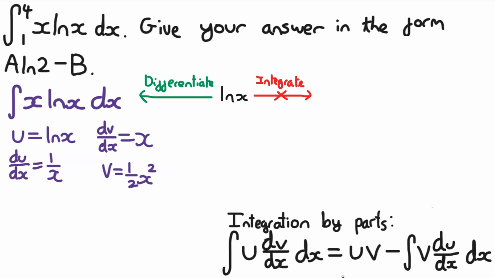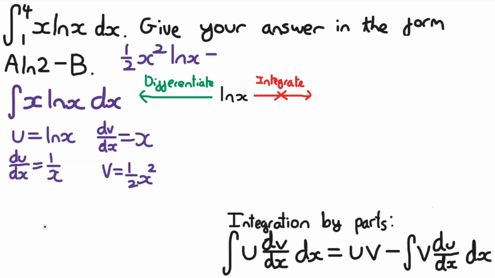So if we use this formula down here, it's going to be uv, so u is equal to the natural log of x and v is equal to half x squared. So uv is going to be equal to half x squared natural log of x, and then this is going to be minus the integral of v du over dx. So v is equal to this half x squared and du over dx is equal to 1 over x.